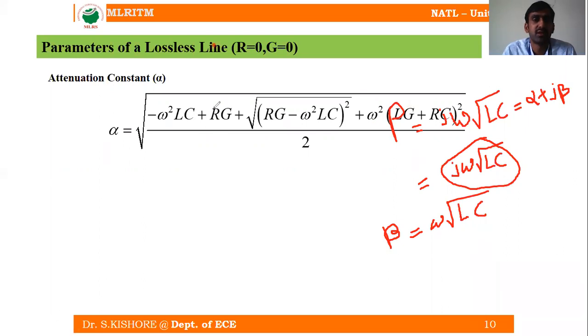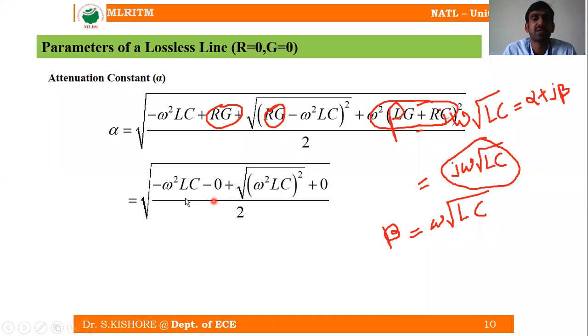Here this is going to be 0 and this is going to be 0, so minus omega square LC becomes plus omega square LC, and this complete term is 0. Then alpha is minus omega square LC plus root over omega square LC, which is equal to 0. So the attenuation constant alpha is equal to 0 for a lossless transmission line, and the same applies for the distortionless line also.